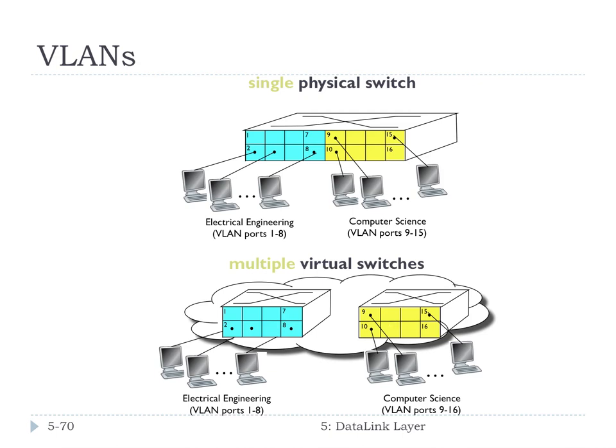So one physical switch, multiple virtual switches. So if the computer science guy moves to the electrical engineering building, all we have to do is reconfigure the switch to say, okay, well, port 9, or maybe port 7 here, is actually yellow.